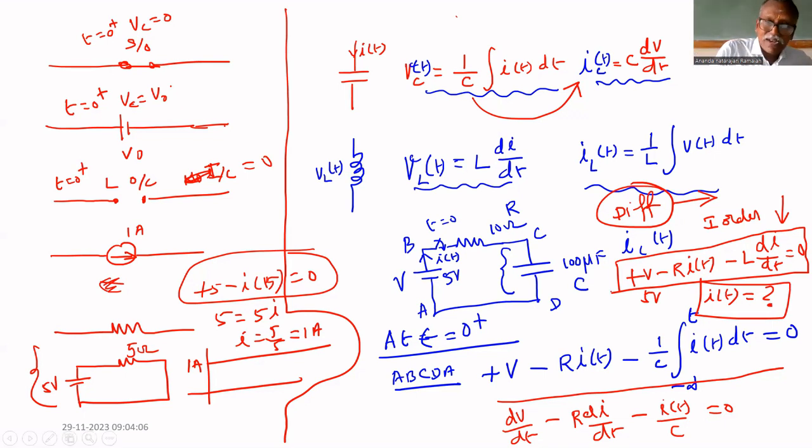The solution can be done in two ways. One is time domain analysis, where you will be asked to find the complementary function and particular integral in the time domain. It's very difficult. But solving an algebraic equation is very simple. Algebraic means just multiplication, addition and subtraction to get the variables.